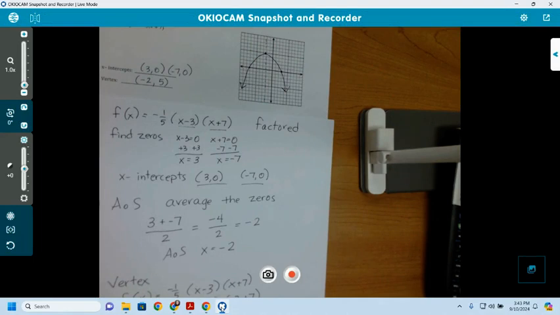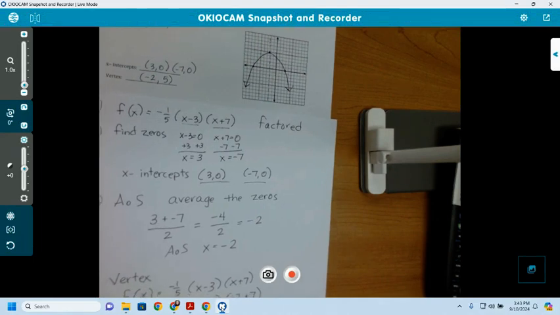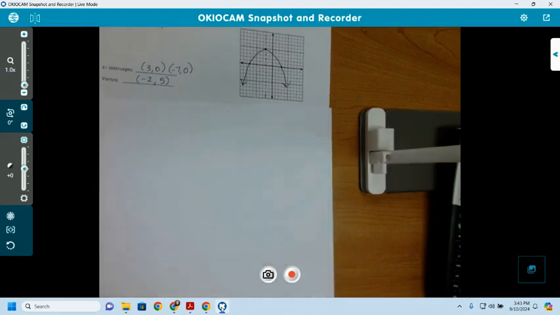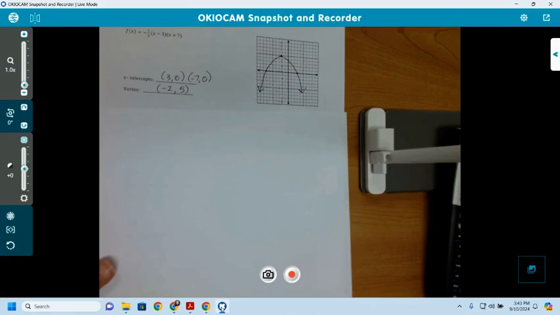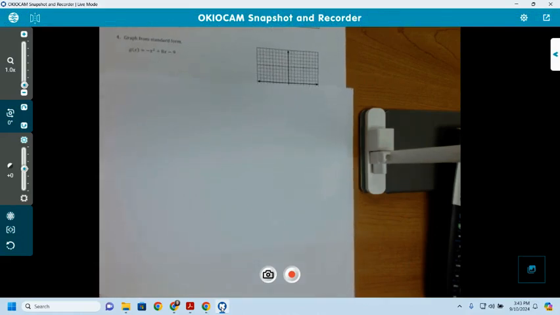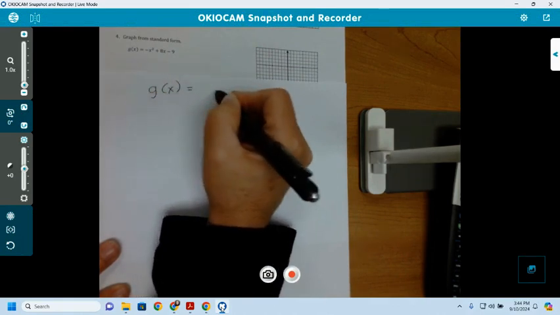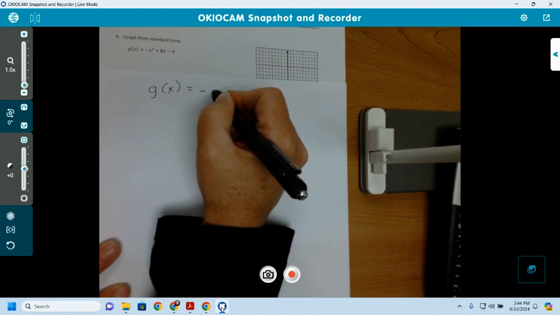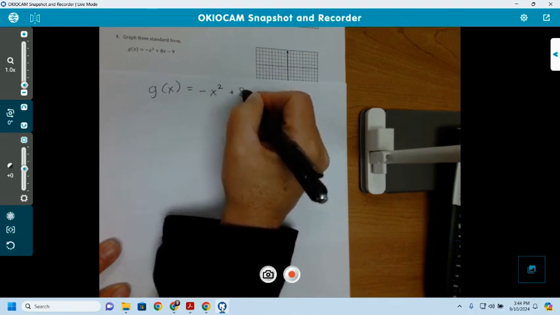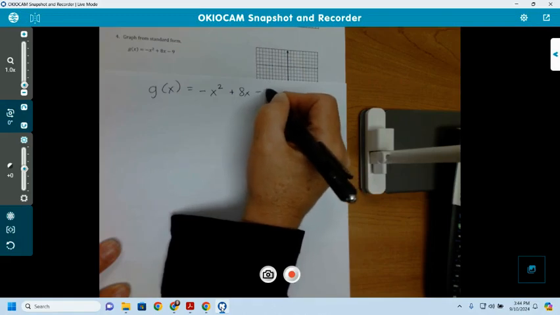Okay, let's move on to the next question. Remember, I want you to do it on a blank piece of paper because it has more space. The next question, graph from standard form. G of x equals negative x squared plus 8x minus 9.